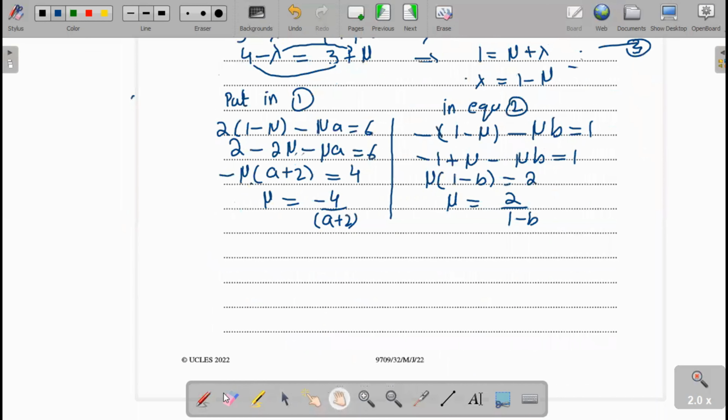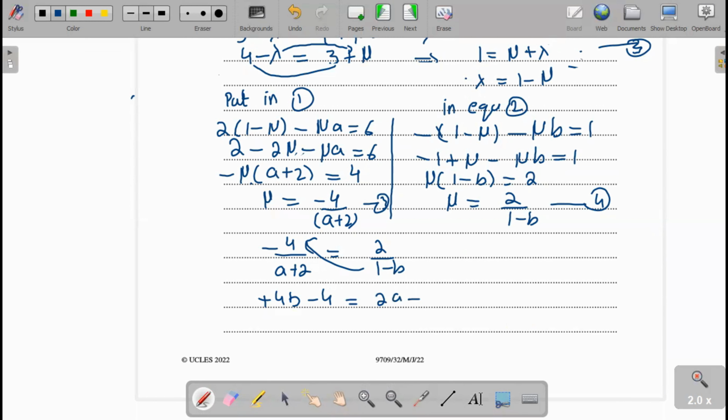And this mu value will be from equations 3 and 4. Equations 3 and 4 become equal, that is, minus 4 over a plus 2 equal to 2 over 1 minus b. Now we cross multiply, we get minus 4 multiplied by 1 minus b, and then it is equal to 2a plus 4.